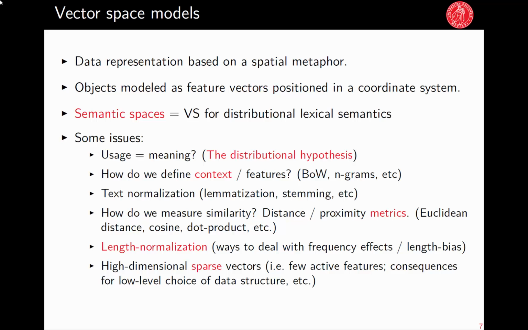And we spent quite a bit of time dealing with this property of sparsity in the vectors, right? The fact that very few features in these feature vectors for our words were actually active or had a non-zero value. And this is one point where we return to this issue of choosing an appropriate low-level data structure.